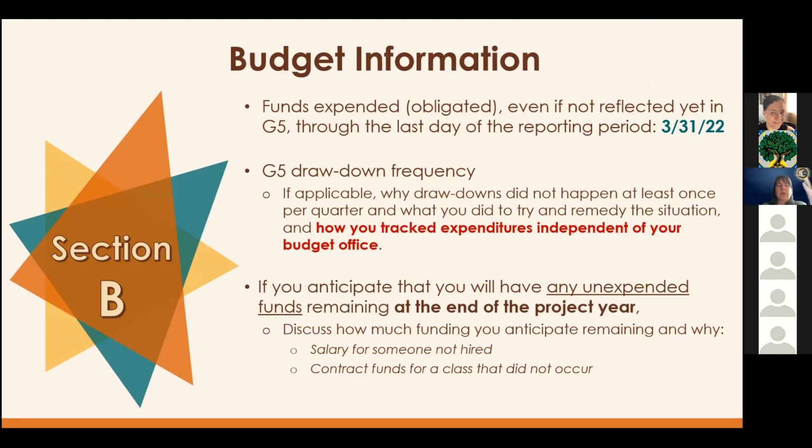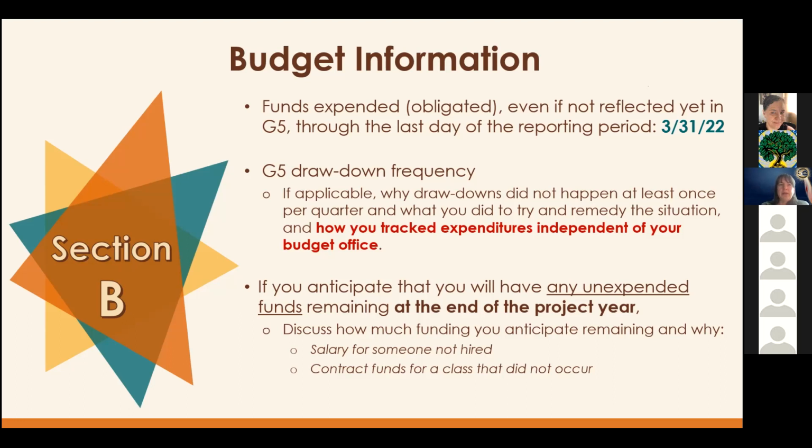So we know that the drawdowns in G5 happen periodically, but it may be that you have spent some money, purchased some supplies, or spent some dollars that have not yet been drawn down in G5. So this is where, in the budget section, you tell us about those dollars.